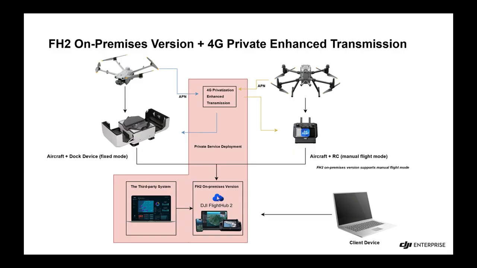If you have a third-party system in this case, that system is going to be deployed based on the on-premises environment. So yes, the on-premises environment also supports secondary deployment, meaning if you have third-party software you wish to deploy on the on-premises environment, that is totally doable.